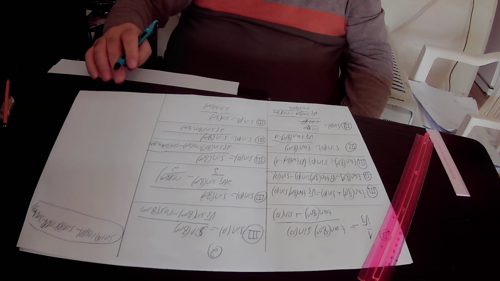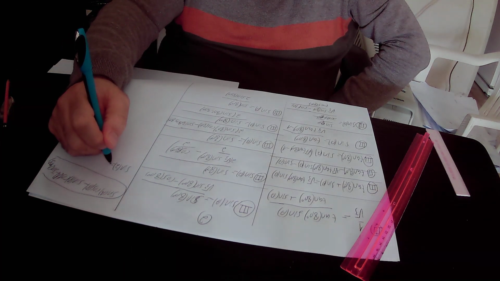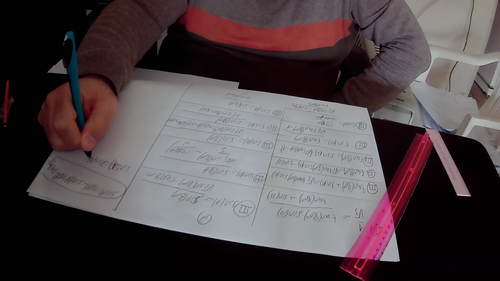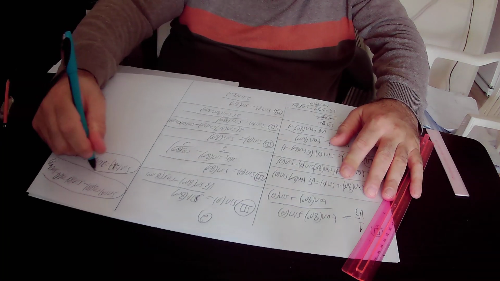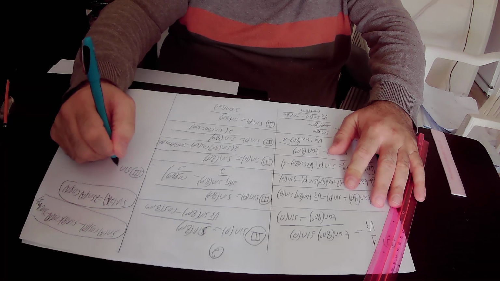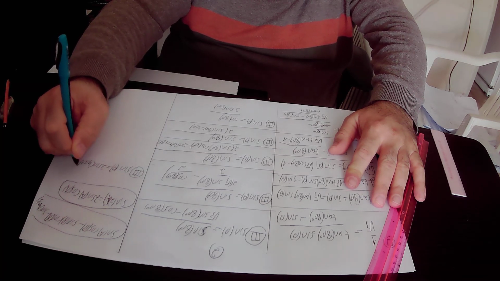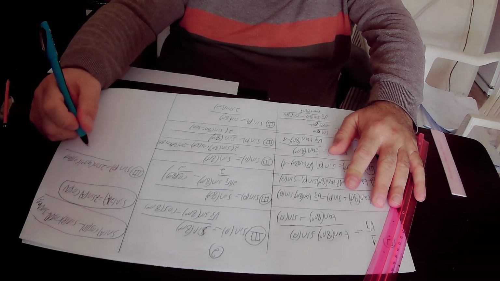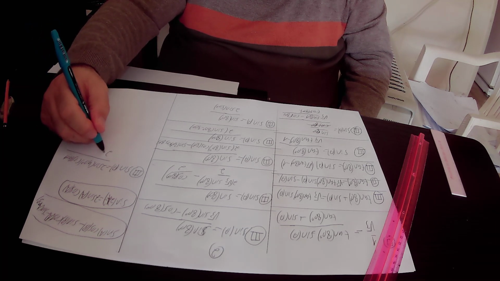Actually, according to the trigonometric identity that sine 2a equals 2 sine a cosine a, we will get that the value of sine 80 degrees is equal to 2 sine 40 degrees times cosine 40 degrees, and we must divide it by 2 sine 50 degrees.